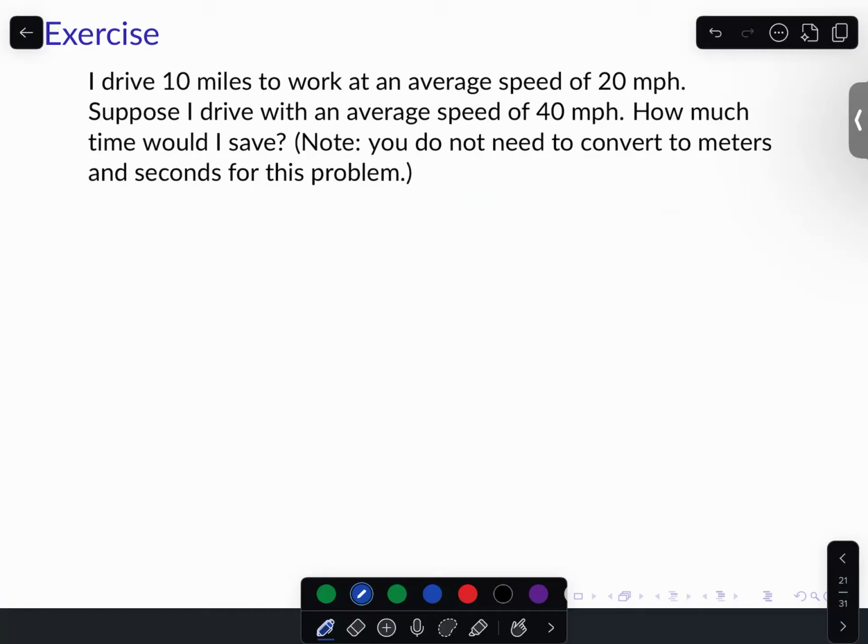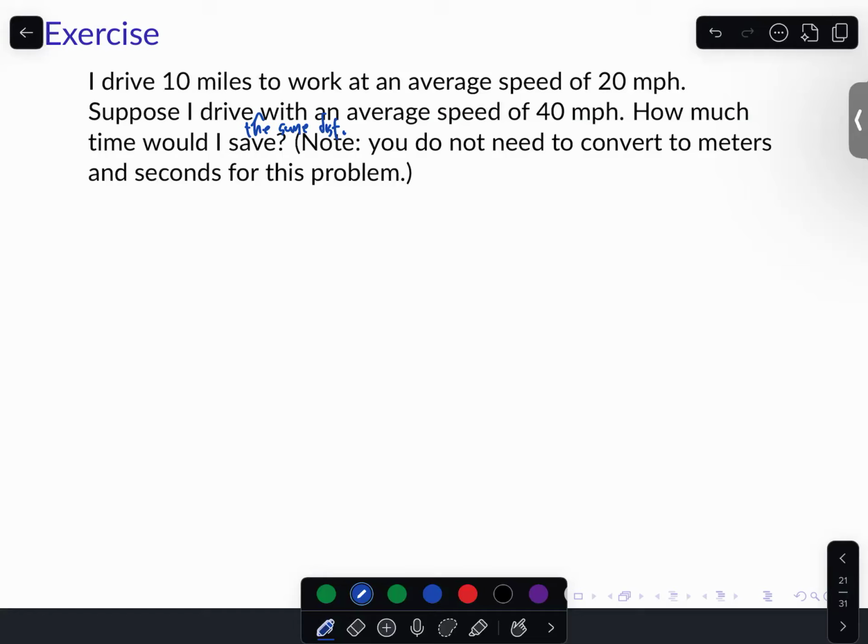I drive the same distance. If I went twice as fast on average, how much time would I save over a commute of 10 miles?